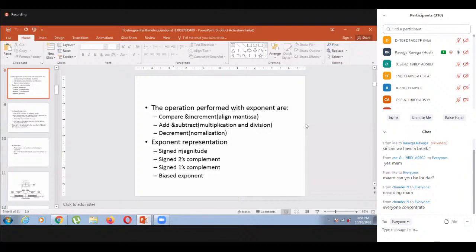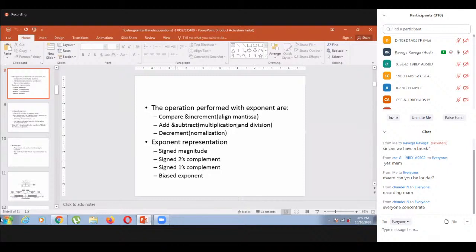Sign magnitude means here they are representing the sign values. The zero value is represented for the positive value and 1 is represented for the negative value. Sign 2's complement means you first perform the ones complement.